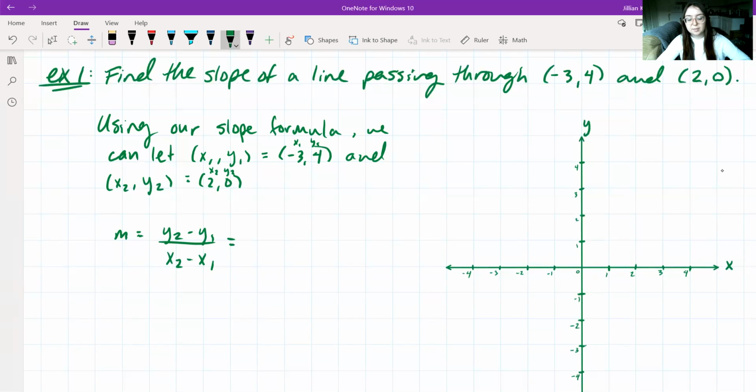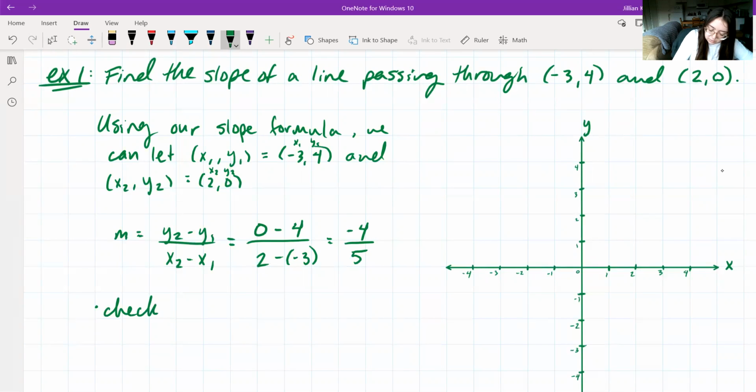In this case, y sub 2 is 0, y sub 1 is 4, x sub 2 is 2, and x sub 1 is -3. So 0 minus 4 is going to give us -4, and 2 minus -3 is like saying 2 plus 3, which is going to give us 5. So our slope is -4 divided by 5. This is what we get from our calculations.